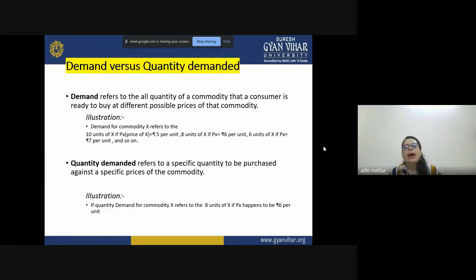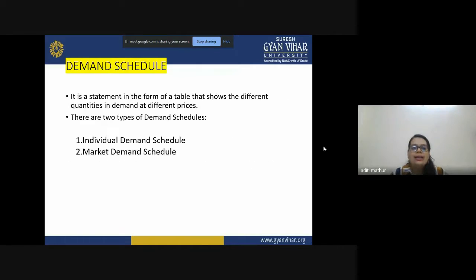So I am ready to buy only 8 units if my price is 6 rupees per unit. So that is your quantity demanded. So when you say that you have different quantities demanded, altogether those different quantities demanded can be referred to as demand. Why? Because demand is all the quantities of the commodity that a customer is ready to buy at different possible prices, right? So let us understand what is demand schedule.